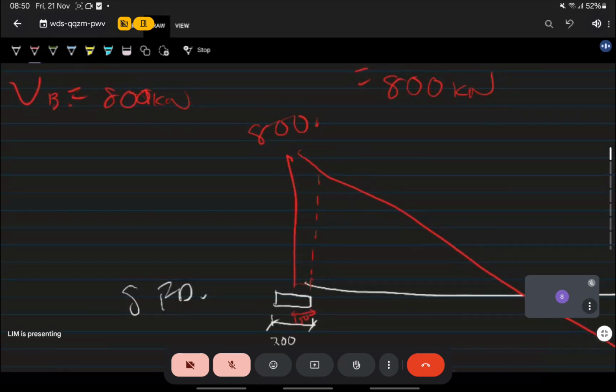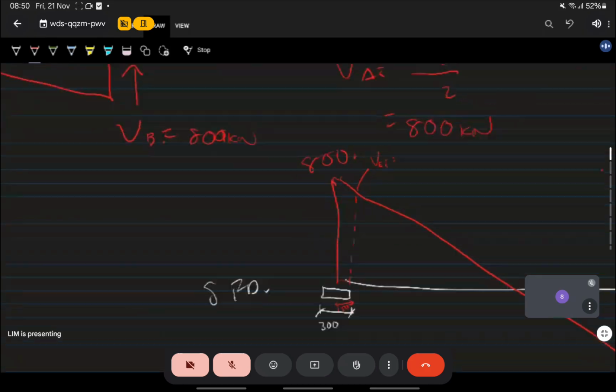So that is called VEF, the shear force at the face of support. We know the face is 150 millimeter away from the center of the support, so the UDL will have to reduce by a certain amount.